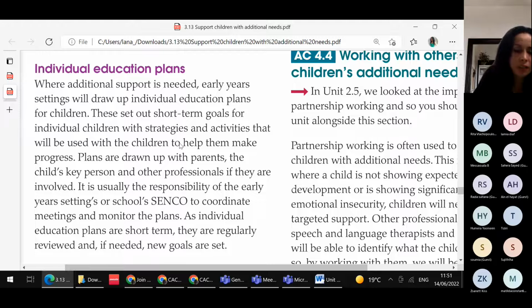So in the short term, the goal for the nursery is that each child will have short-term strategies that could be achieved to help the child make progress.